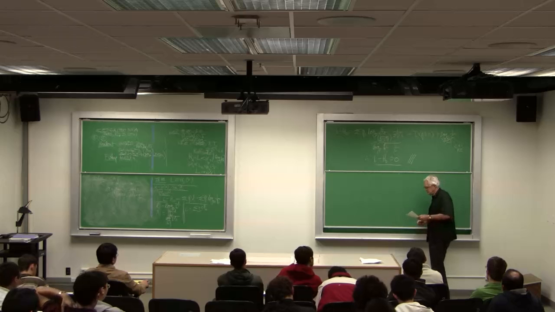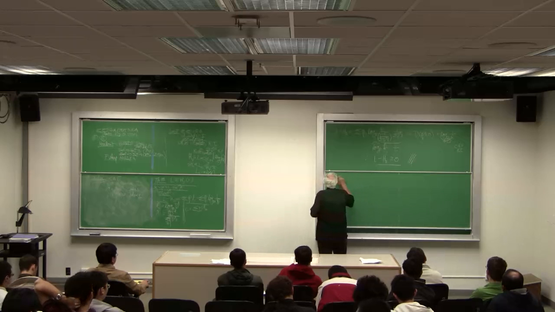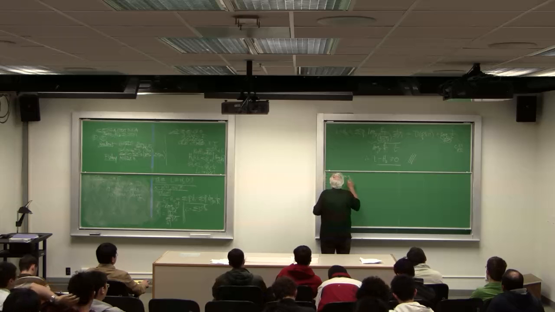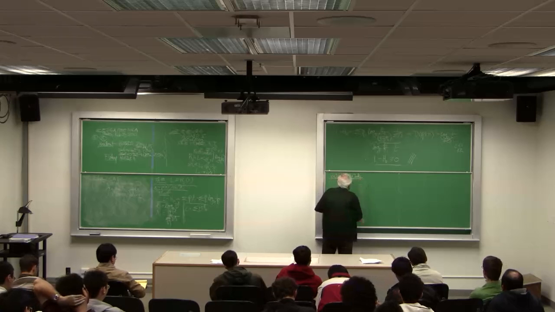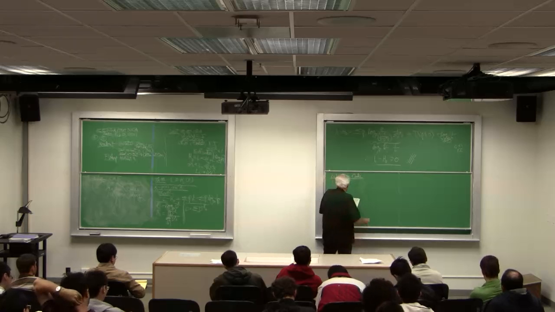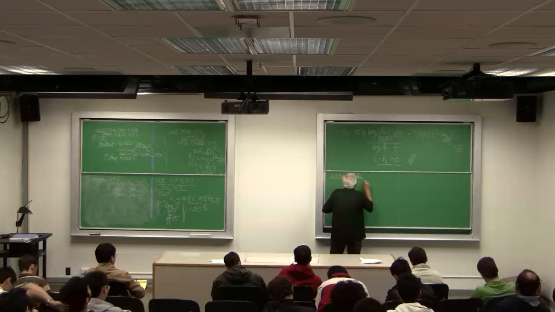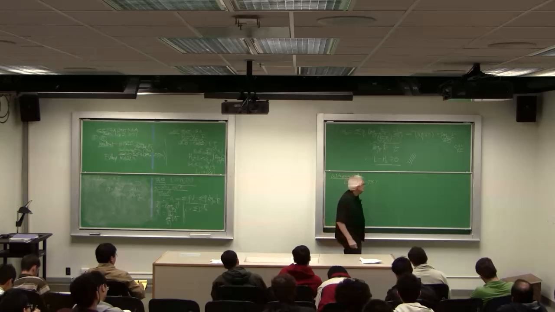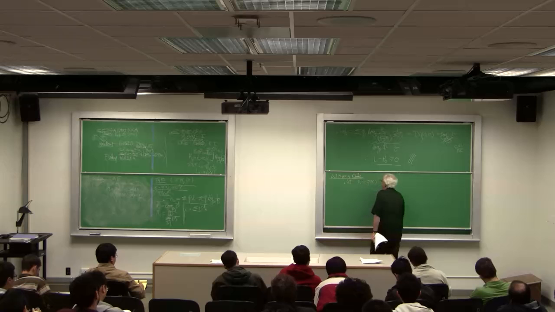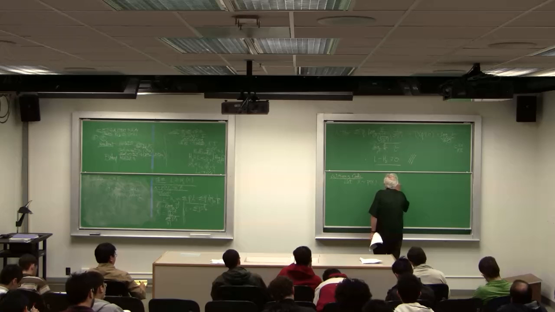Now, let's look at the wrong code. Let x be drawn according to p of x. P is true.